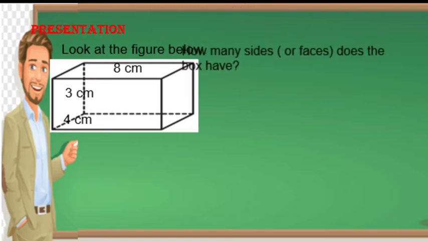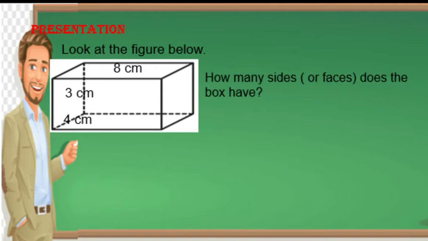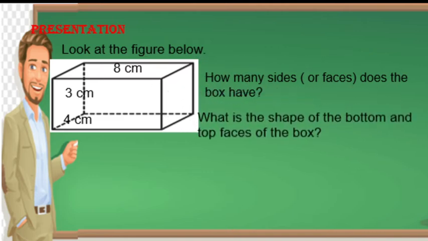So, how many sides or faces does the box have? You can count. There are 6 faces. What is the shape of the bottom and the top faces of the box?